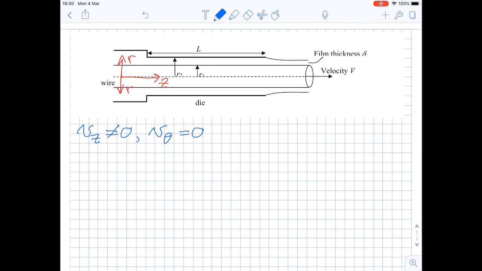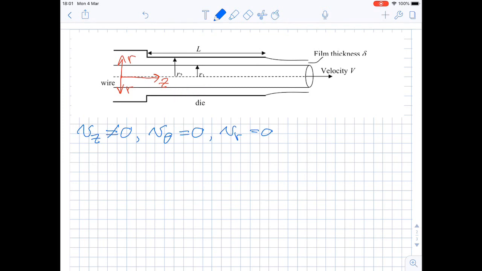If we can neglect the effects of gravity, the polymer inside the die is supposed to flow uniformly, and according to symmetry, it does not change with respect to the angle. And lastly, velocity in the r direction is supposed to be zero as well, because there will be no flow in this direction.